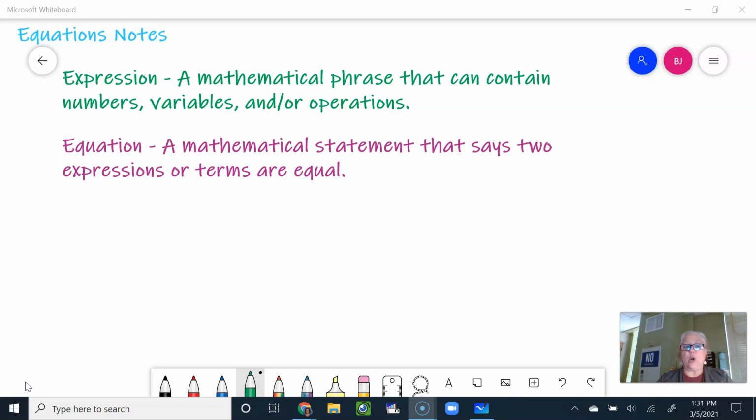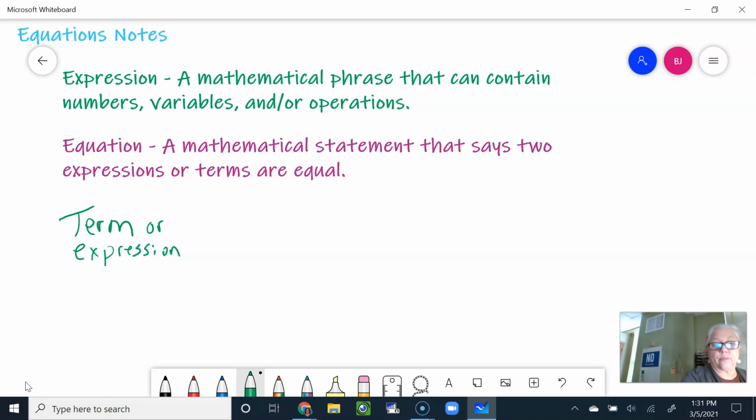Let me tell you about the parts of an equation. First of all, you would have a term, and this could be a term or an expression. Then plus, minus, divide, or multiply.